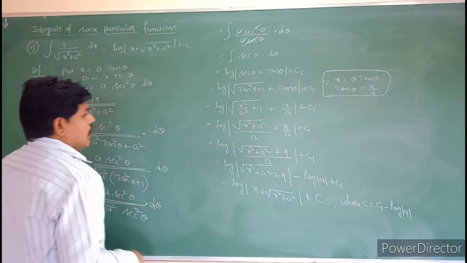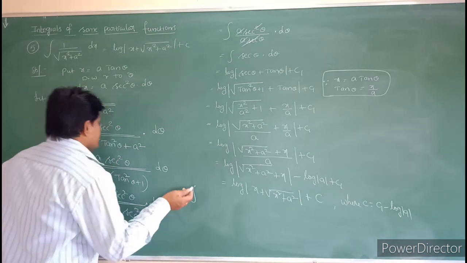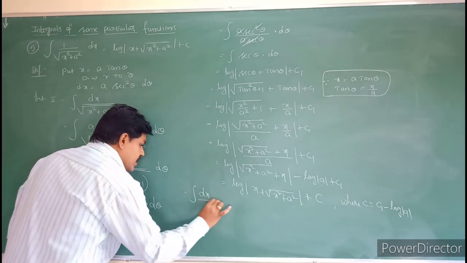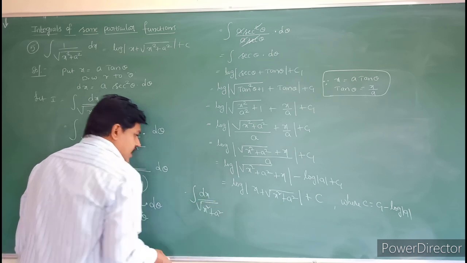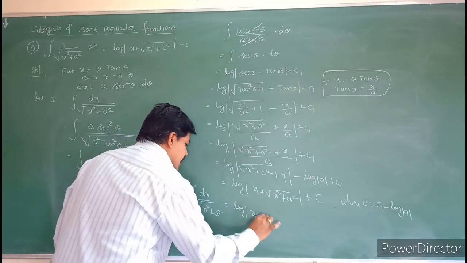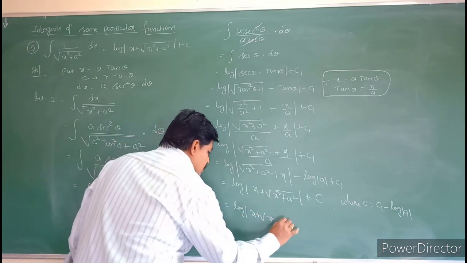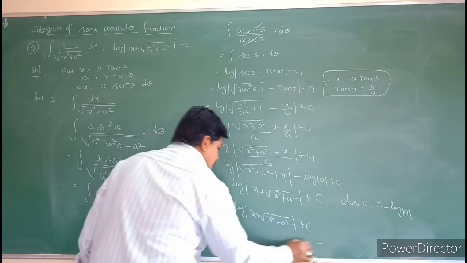Therefore, the formula is: integral dx by root of x square plus a square is nothing but log mod x plus root of x square plus a square plus c.